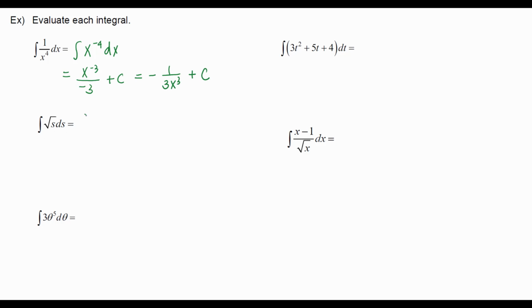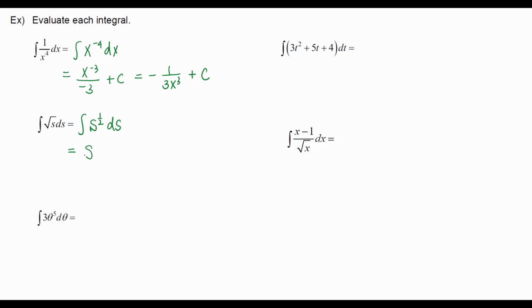What about the integral of square root of s ds? Again, yes, you want to change it to a power. So that will be s to the 1/2 power ds. So we're taking the integral of s to the 1/2 power with respect to s. If I add 1 to the power, what is 1/2 plus 1?